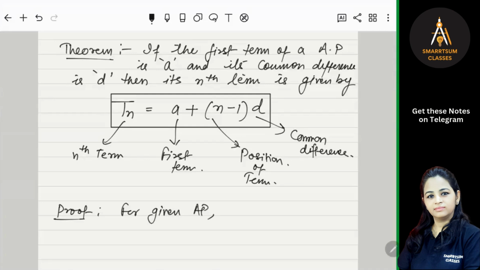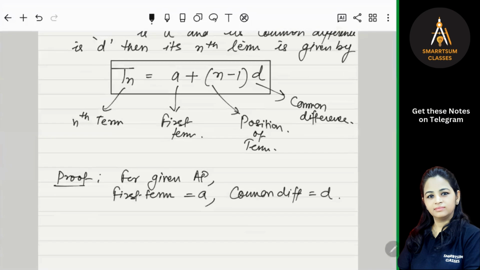We know that the first term is A and the common difference is D. So the AP can be written as: A, the first term.